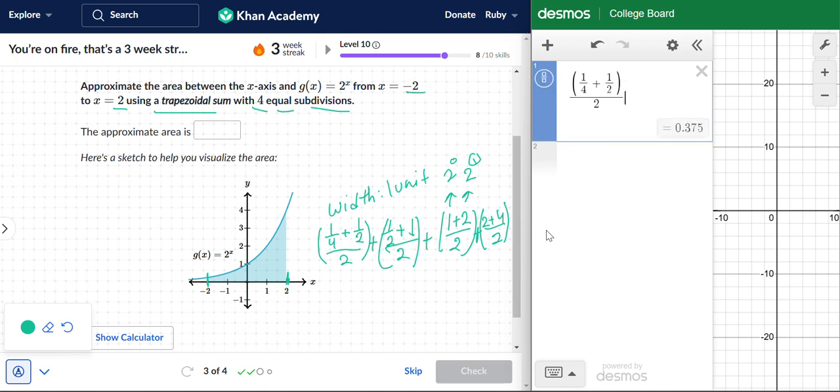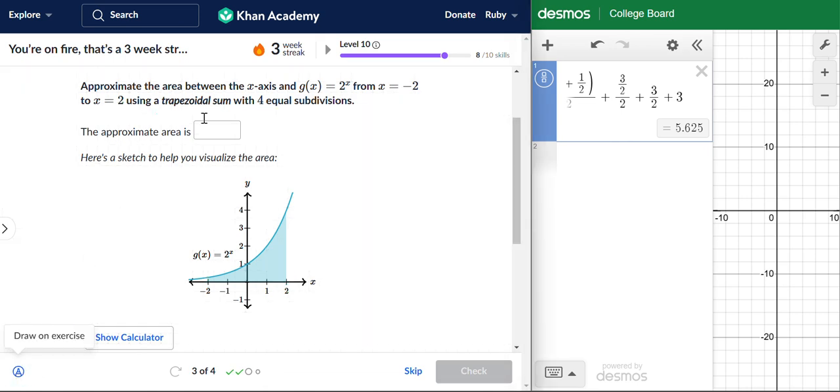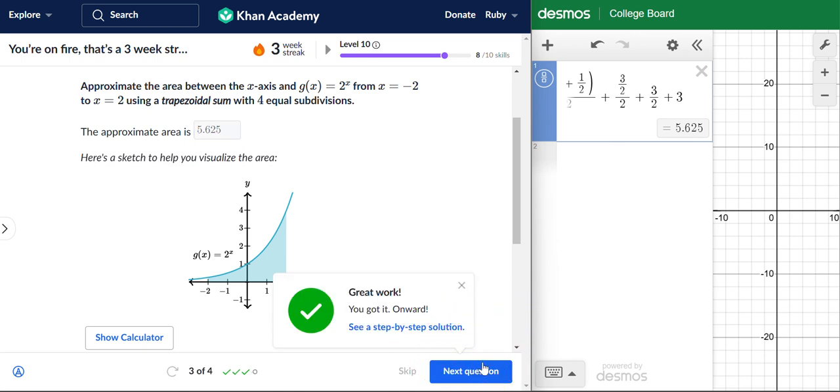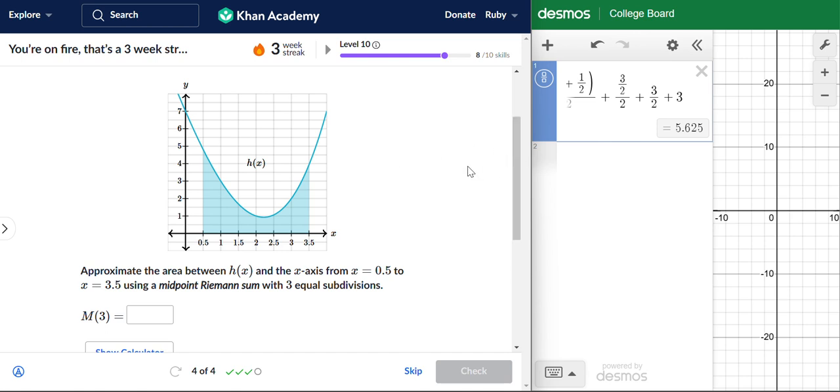We're going to divide this entire thing by 2. 3/2 divided by 2 plus 3 divided by 2 plus 3 because 6 divided by 2 is 3. Oh, we got 5.625. Okay. I'm getting so dependent on these decimals. I don't even know how I'm going to do the AP exam.